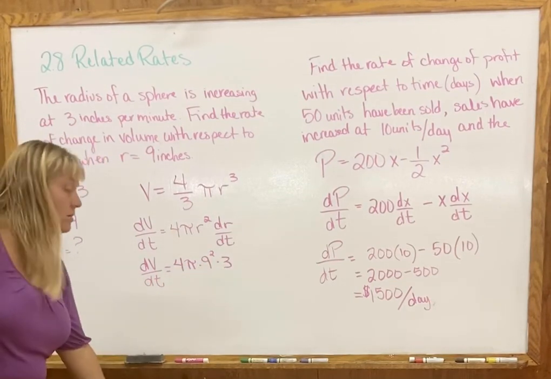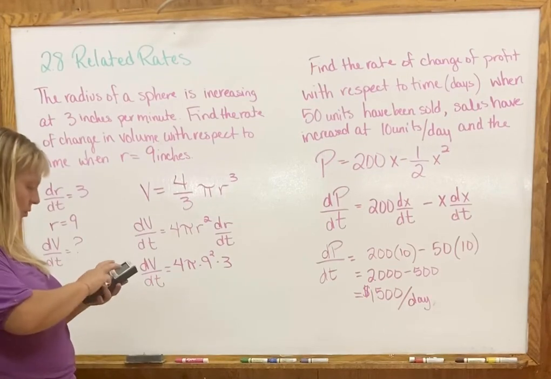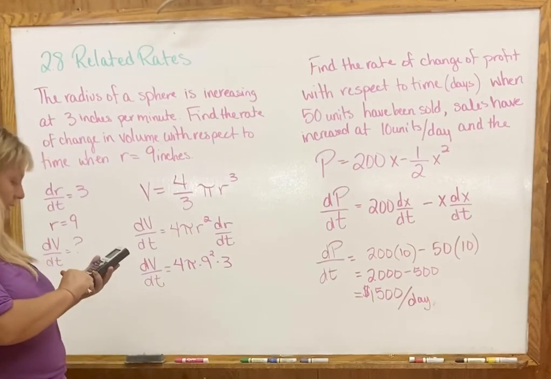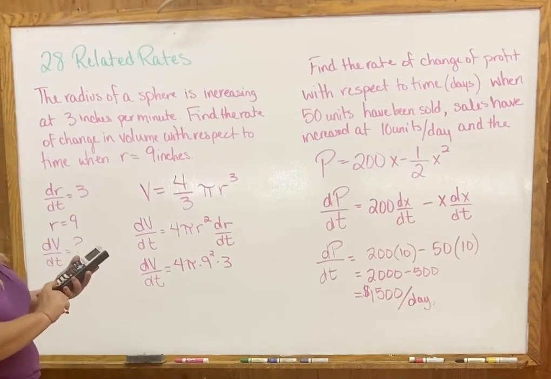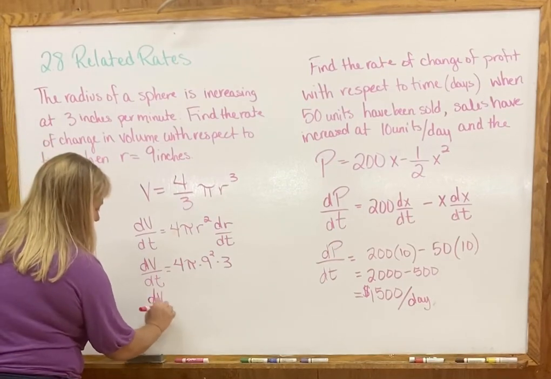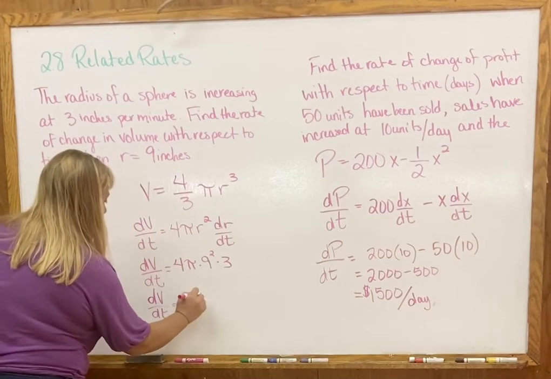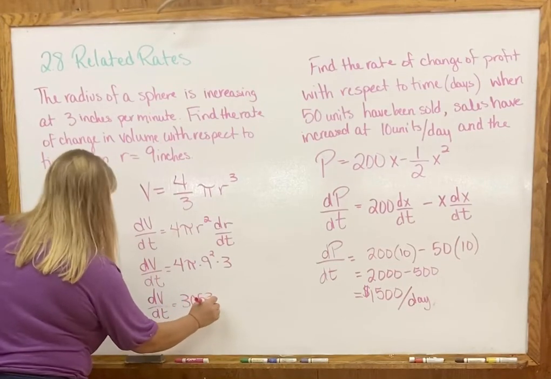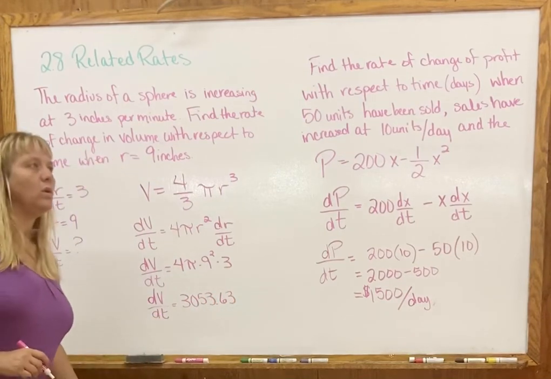Okay, so again, get out my trusty calculator, and this time we're doing 4 pi times 81 times 3, right? Okay, so dv/dt, according to my calculator, is 3053.63.